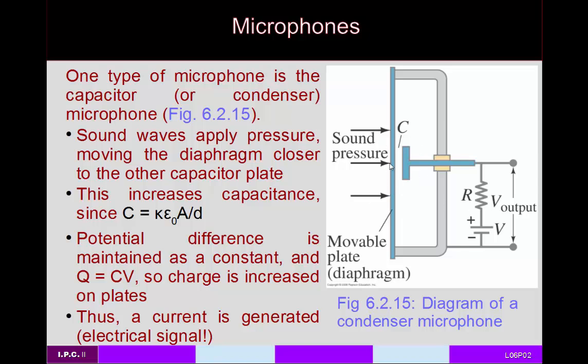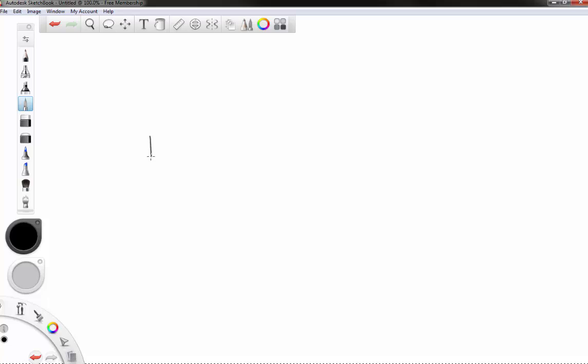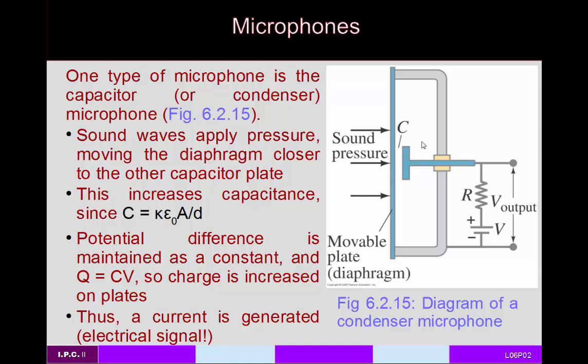So if you redrew this as just a circuit diagram, basically it would look something like this. Here's your voltage source. Your voltage source is connected through some sort of a resistor that's connected through some sort of a capacitor, and that's basically what you have. There's some charge, therefore, on each of these two plates of the capacitor.